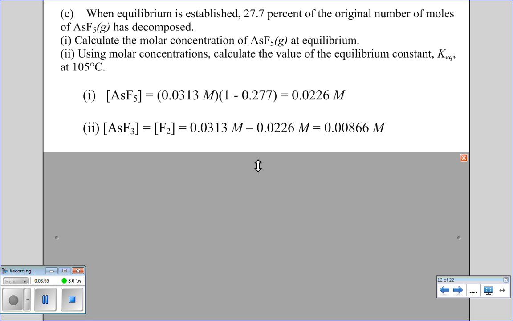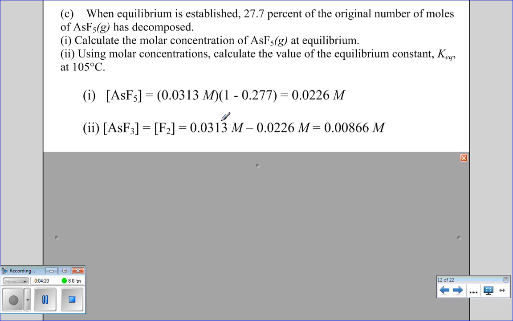In number 2, part II, I should say, first we know that the concentration of these two chemicals has to be the same because they're formed in a one-to-one relationship. And they have to be the same as all of the arsenic pentafluoride that disappeared.